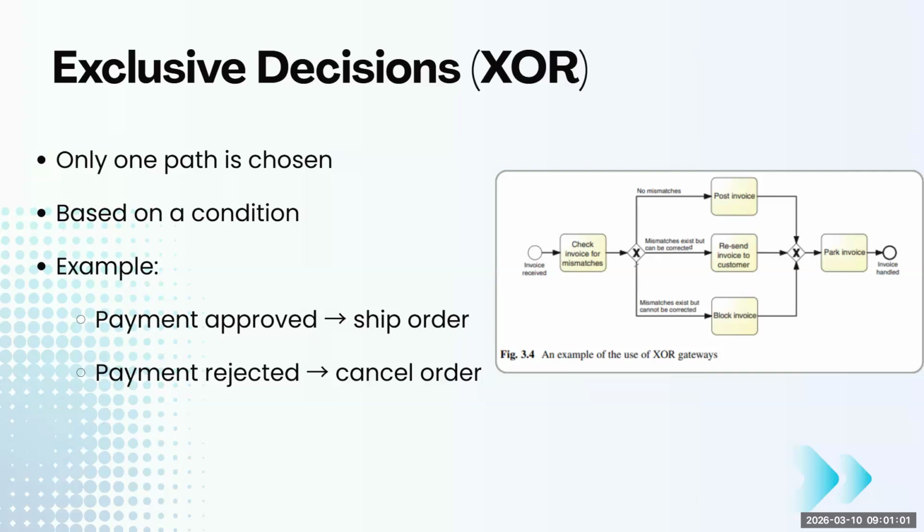If there are no mismatches, the invoice is posted. If mismatches exist but can be corrected, the invoice is resent to the customer. If the mismatches cannot be corrected, the invoice is blocked. So, the key idea of an XOR gateway is that only one outcome is chosen at a time.